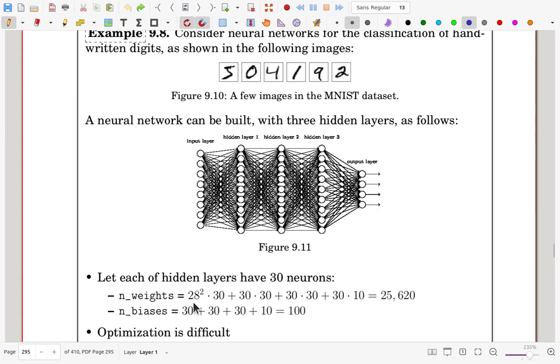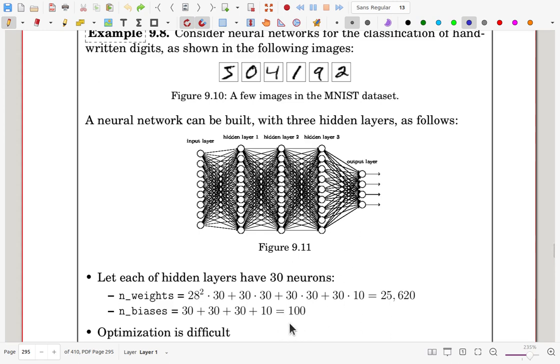Altogether, the number of weights is a bit larger than 25,000. For biases, each unit has 1 bias, so here 30 biases, 30, 30, and 10, altogether 100.